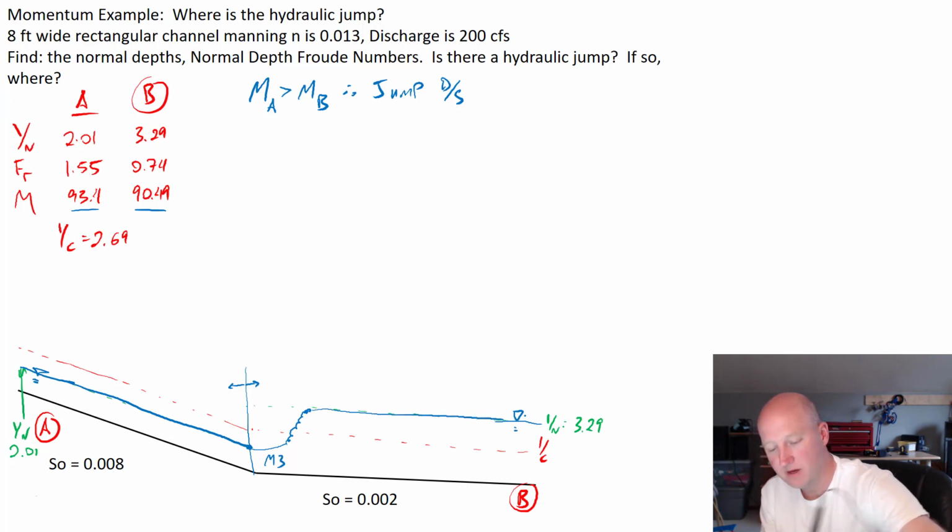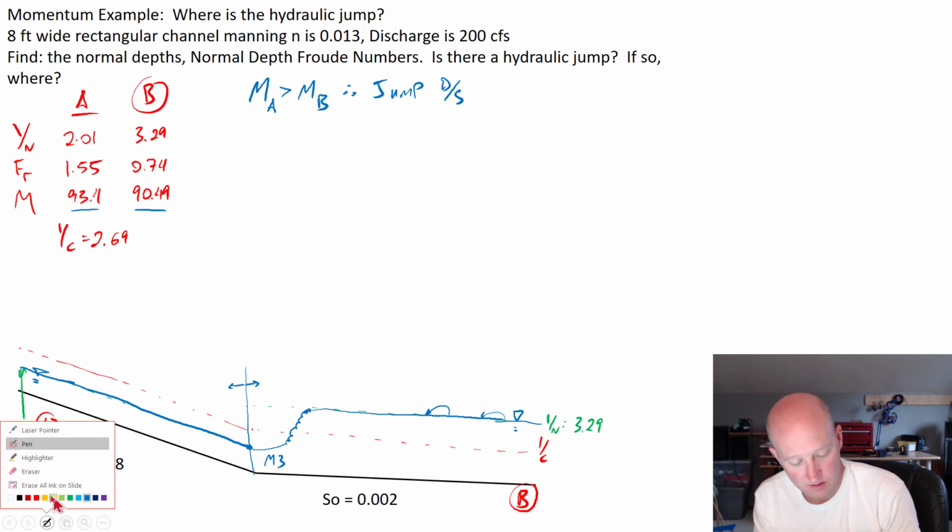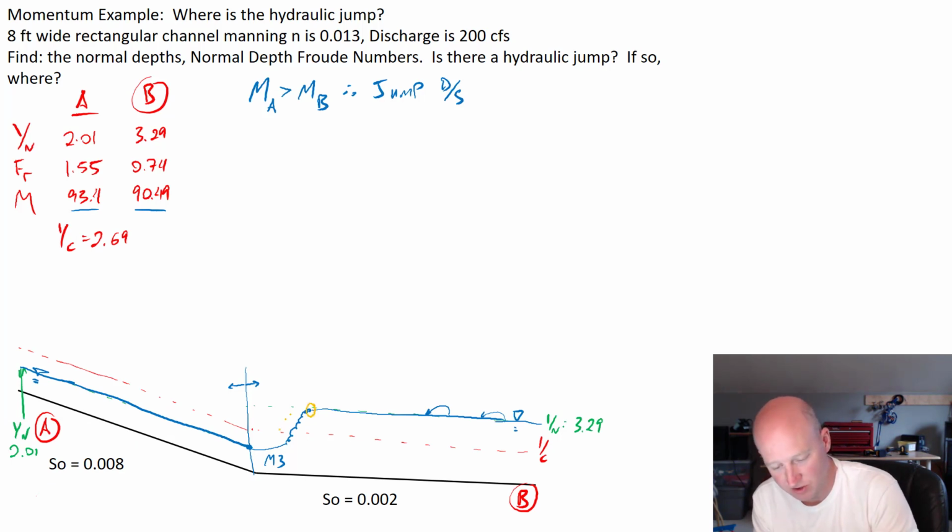We didn't talk about it as much last time, but if you consider this is the geometry that's happening, downstream controls, and so as you work your way upstream, there's nothing that would cause the depth of the water to change, and so it's going to remain uniform depth right up until the point that it gets to the jump, and then it'll jump to the conjugate depth of this specific location.